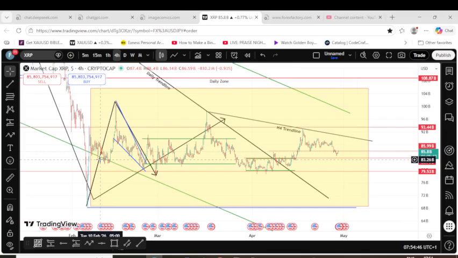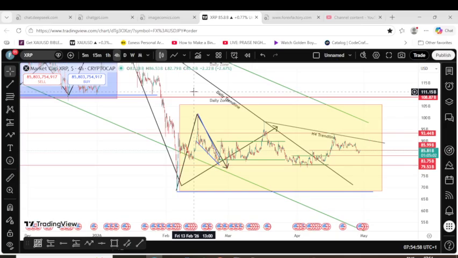So we're going to stay out. No trades on XRP. If you're talking about trading as per SL and TP, forex trading, no trades on XRP.